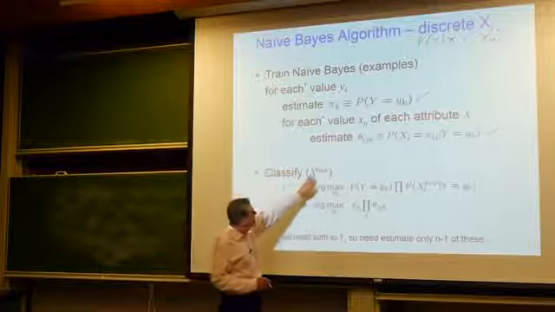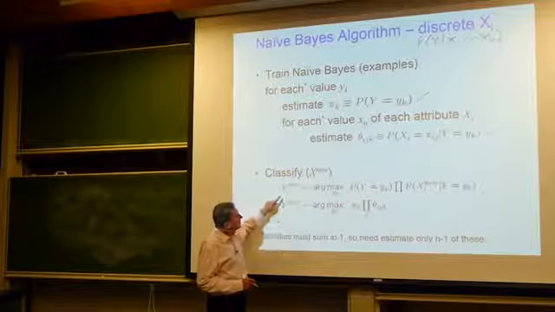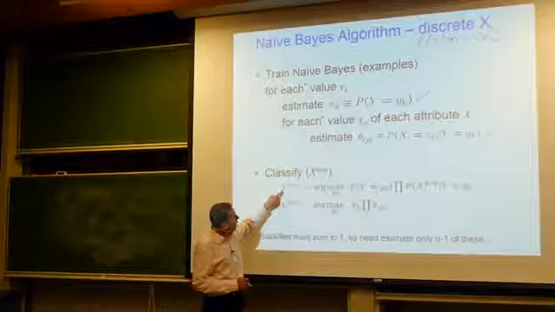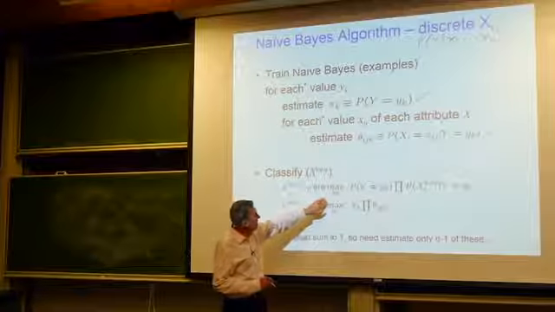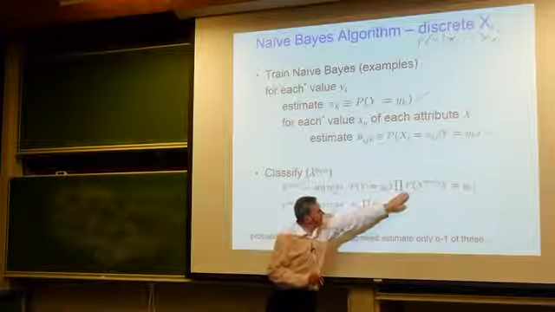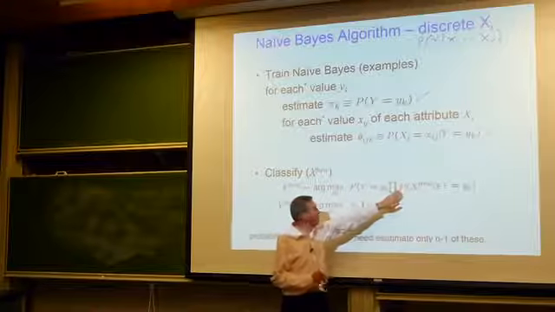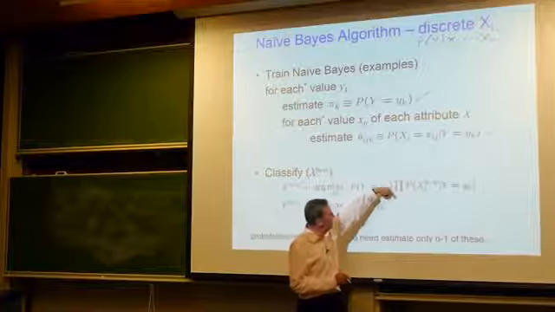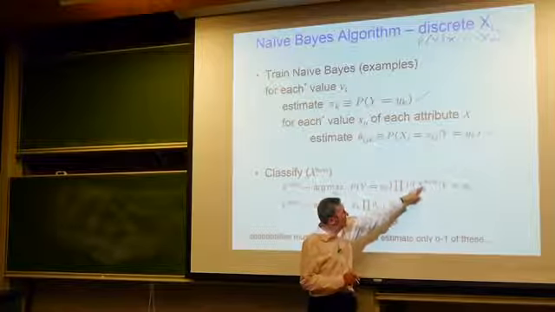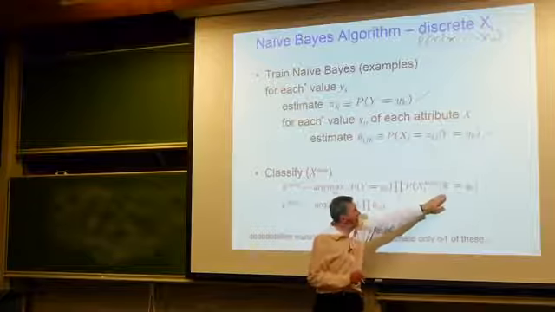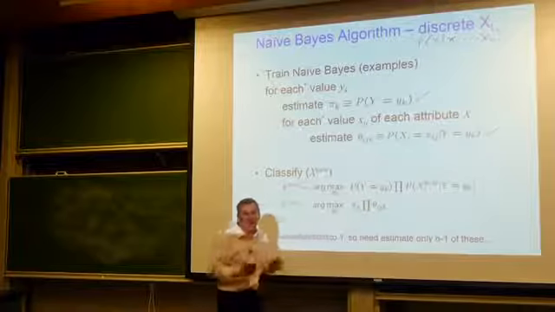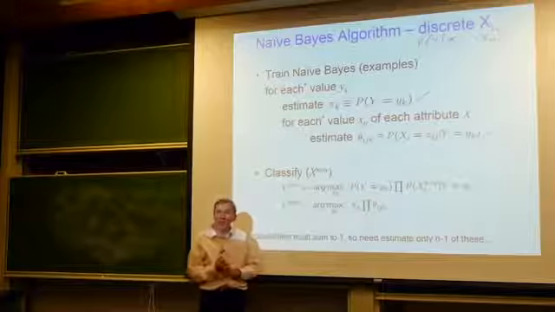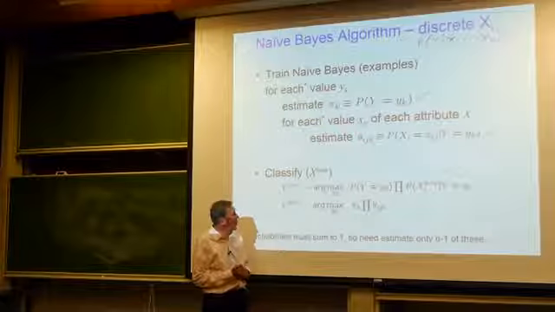Then given a new x, the y value for the new x is just the numerator in Bayes' rule. It's just the prior on y times the product over all the features of the value of that feature in this new example, given that y equals yk. And we just pick the yk that makes that numerator of Bayes' rule the greatest.